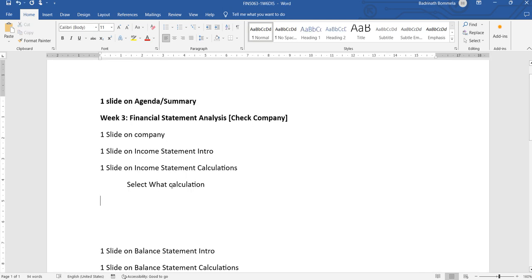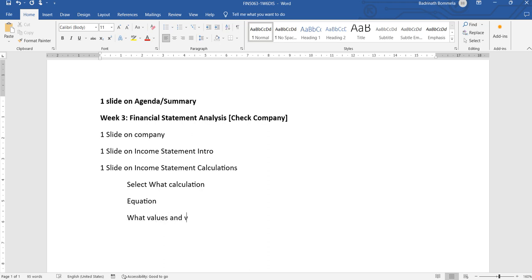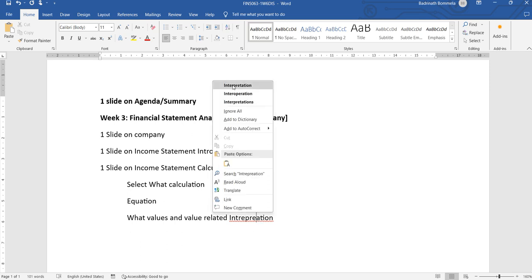So select what calculation you made, mention the equation, what values you got, and the interpretation of those values. These are the three things that you have to mention in this slide.